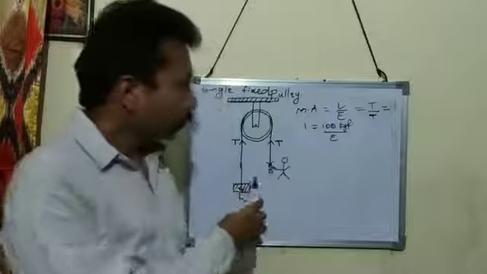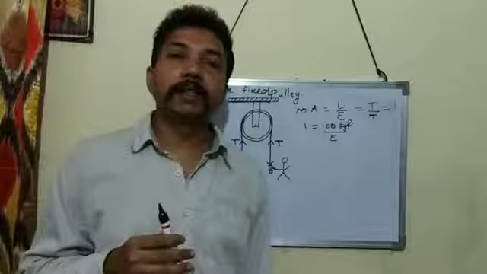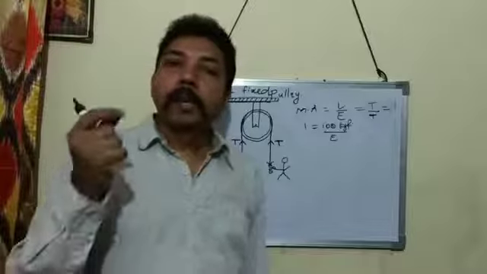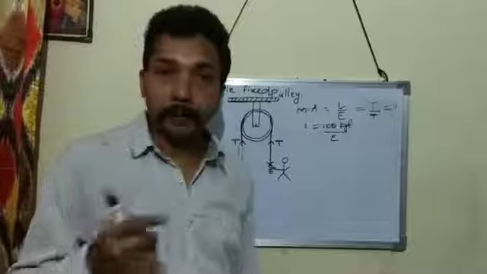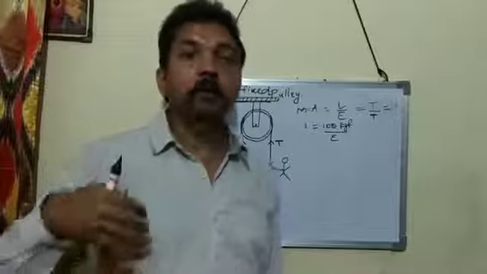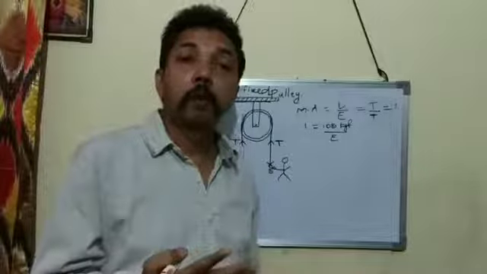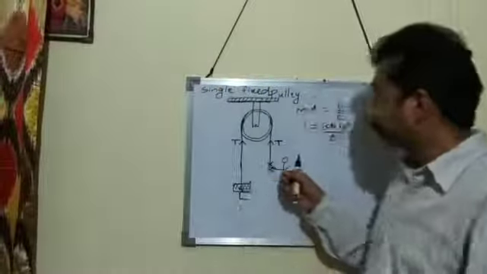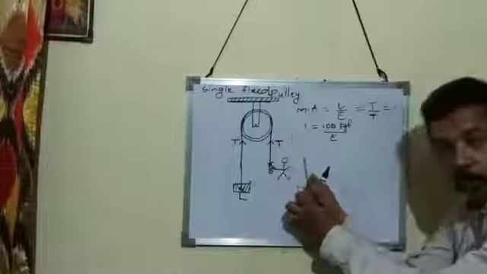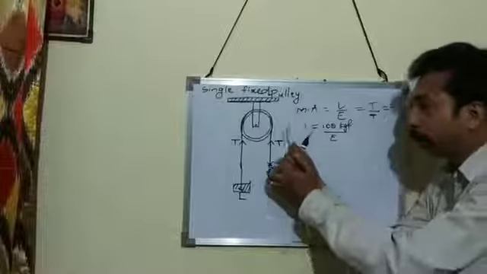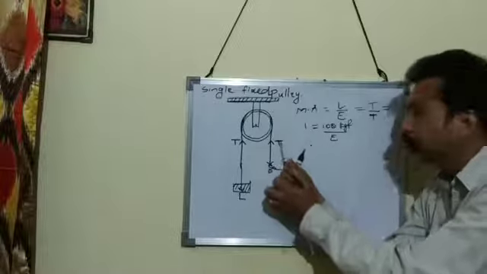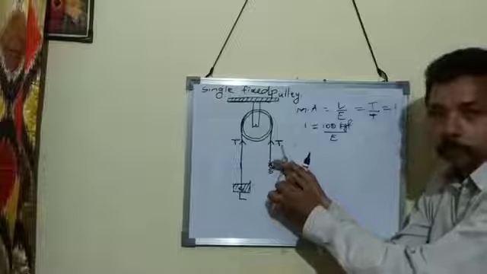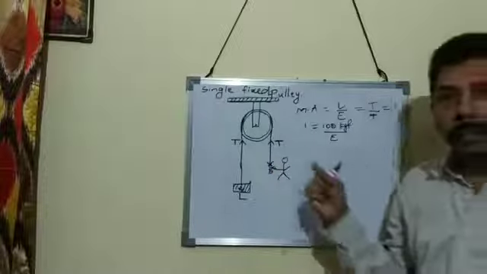Another advantage is that along with the effort, we can apply our body weight. So this is the effort, and along with the effort, our body weight also can be put on it.